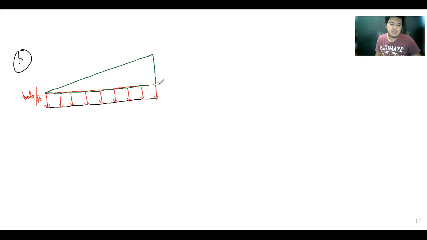Since we already have 100 pounds per foot, this one would be 200 pounds per foot. Although the problem states that it's 300 pounds per foot, that is with reference to the beam. Then we have the supports A and B.